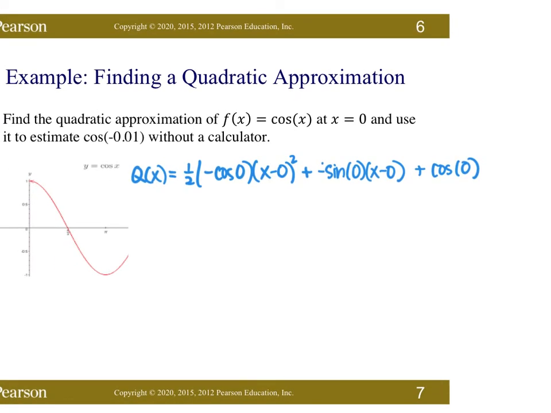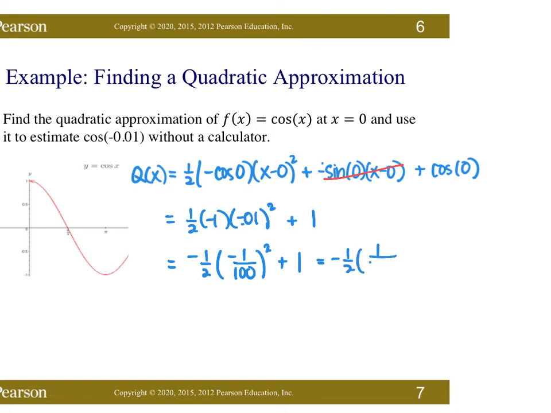And we're going to plug negative 0.1 into that. So we've got 1/2 times negative 1 times negative 0.1 minus 0 squared. And then the sine of 0 is 0, so that'll take that whole thing out. And then plus the cosine of 0, which is 1. Okay, so we're looking at negative 1/2 times negative 1/10th squared plus 1.